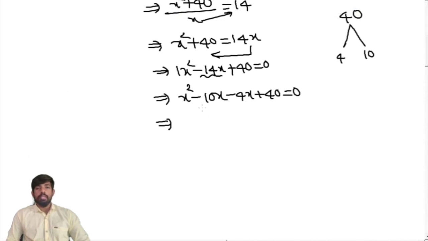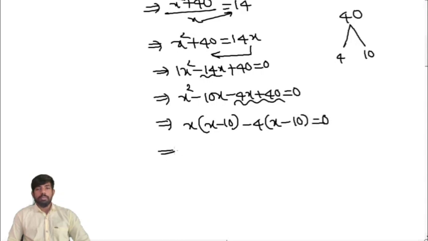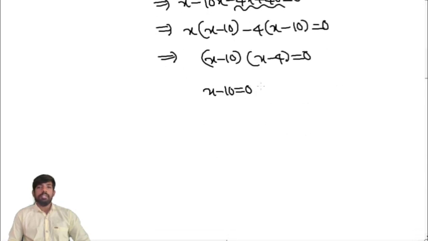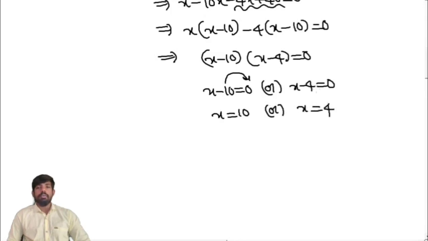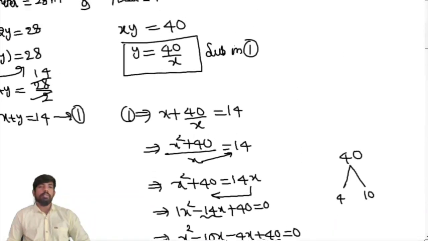From here take x common: x minus 10, and from the rest take minus 4 common: x minus 10. So x minus 10, and the remaining is x minus 4, equals 0. So x minus 10 equals 0 or x minus 4 equals 0. Send the 10 to the right hand side: x equals 10 or x equals 4. Therefore we got two values of x.